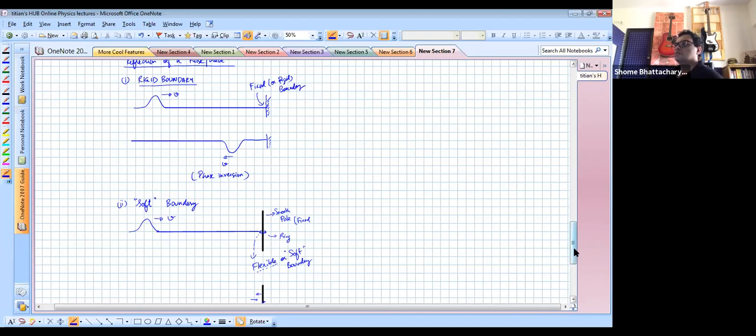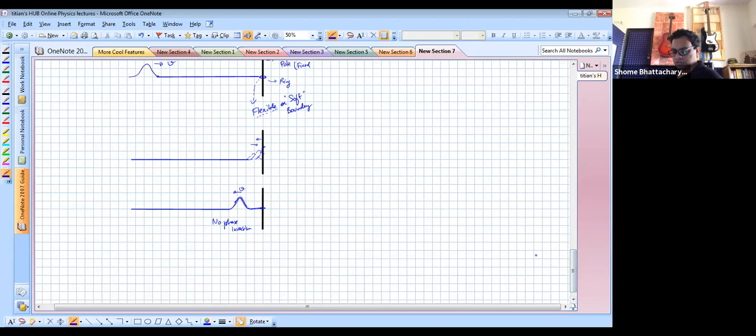So this will become very important for us in standing waves also, but before that, just on its own as a concept, okay, good.